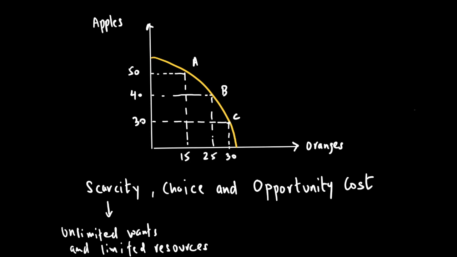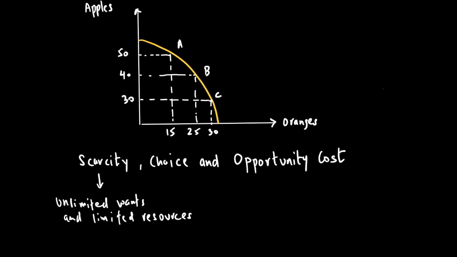And therefore, our PPC diagram can show that, because all combinations which are beyond the PPC, like for example, this combination Y, which is let's say 30 of oranges and 50 of apples, will be unattainable. And the reason is very simple, because the economy doesn't have the resources to produce that output. So scarcity is shown by all combinations to the right of the PPC, which are all the unattainable combinations.